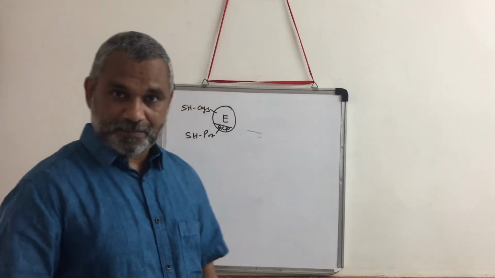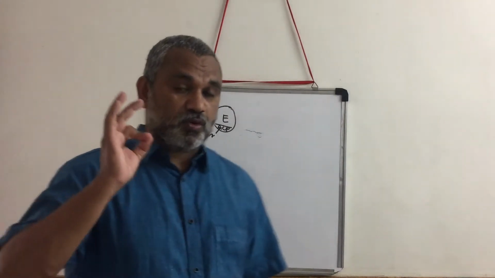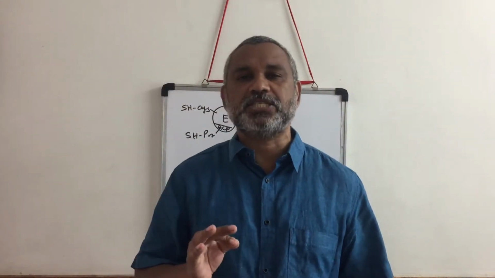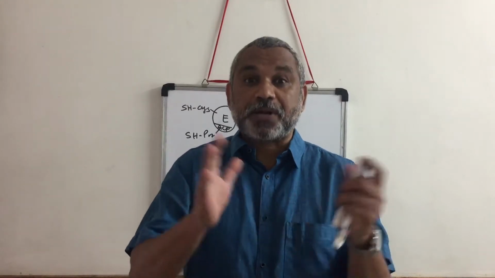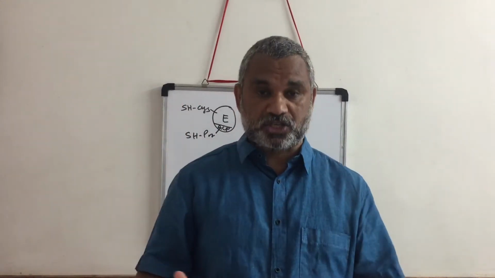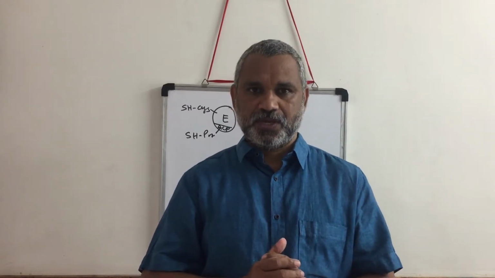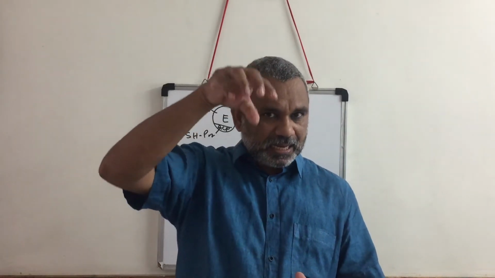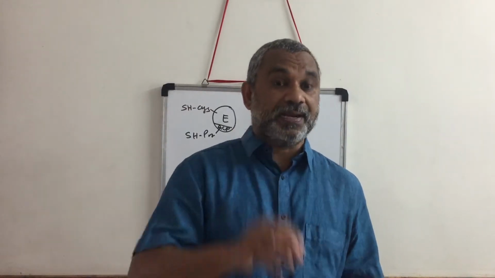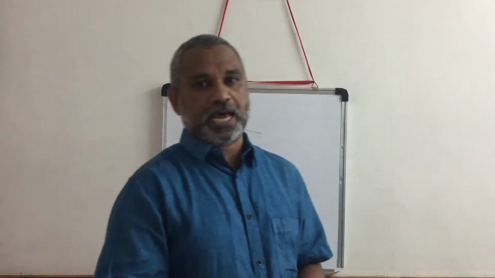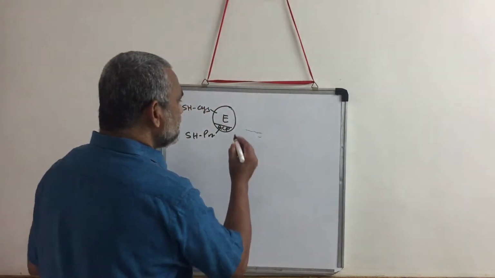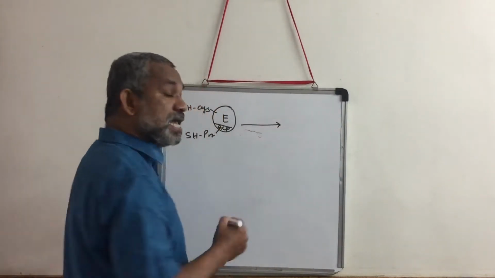So let us begin. First and foremost in synthesizing fatty acid, we need to prime or charge the enzyme. How do we prime the enzyme? Which means at the right location the precursor molecules are filled. In order to do that, first of all, let us start with acetyl-CoA being added.